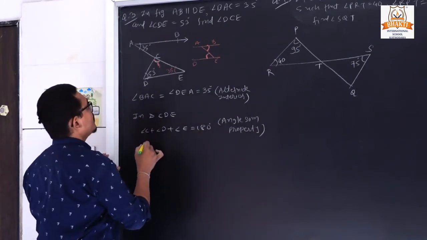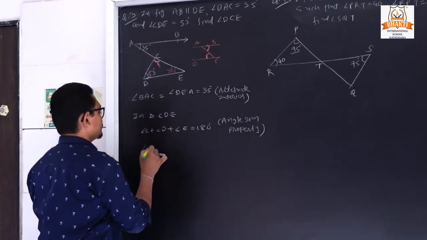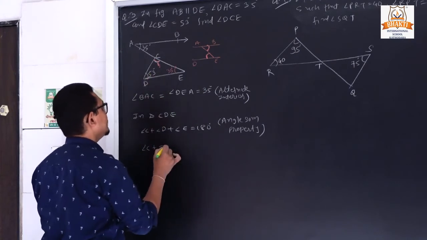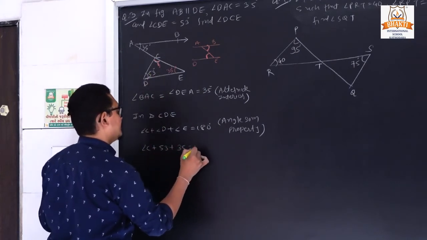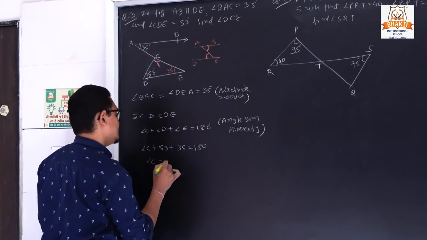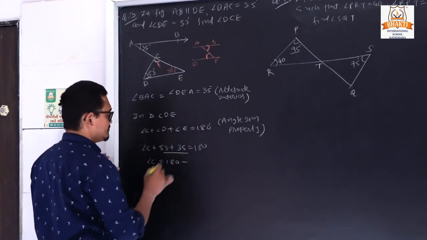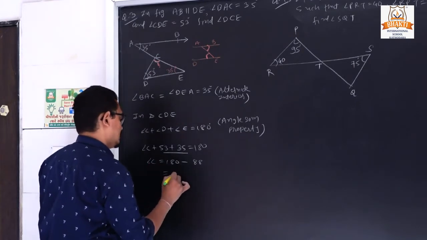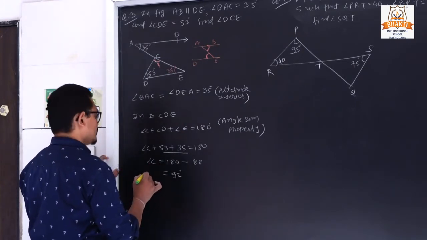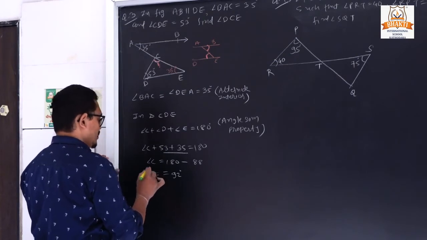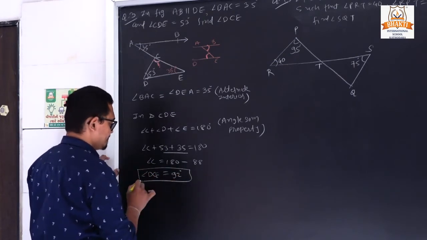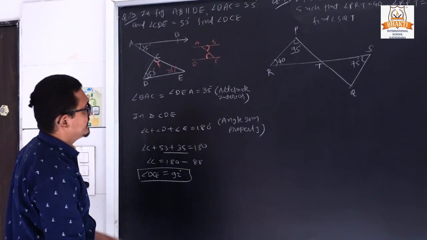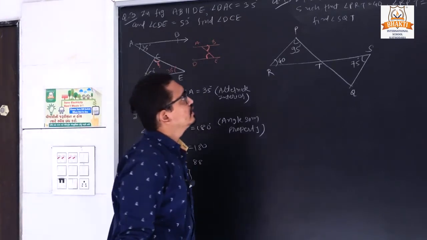So C we want to find, D is 53 plus 35. So angle C is equal to 180 minus the sum of these both, 53 plus 35 is 88, clear? So the answer is 92. So angle DCE, or also we can write angle C, is 92.